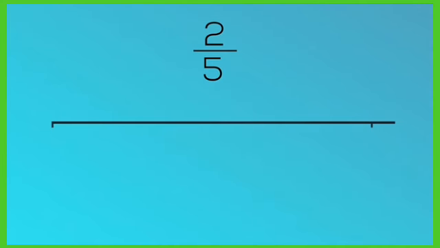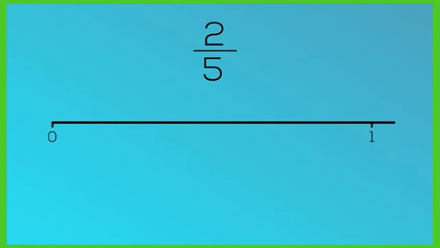Here's another fraction for us to find on a number line: 2/5. Here's our number line. We know that 2/5 is less than 1, so let's fill in our start point 0 and our end point 1. From the start point to the end point of our number line is 1 whole.